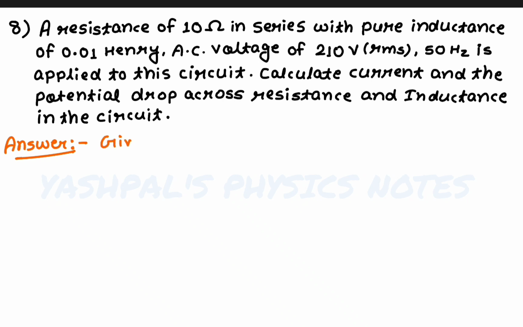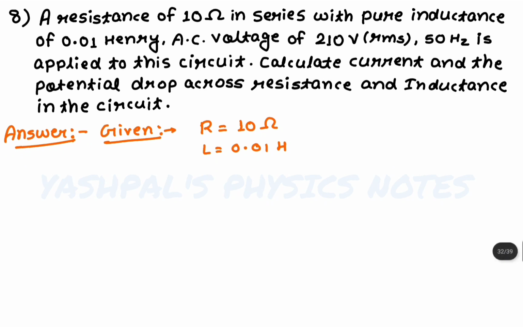So let's write down the given data. What is given? Resistance is 10 ohm. Next, inductance L is given as 0.01 Henry. It is in standard format, so no need to convert. Then EMF voltage, we can write it as V as a symbol.